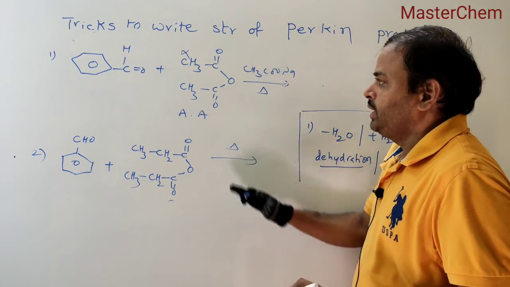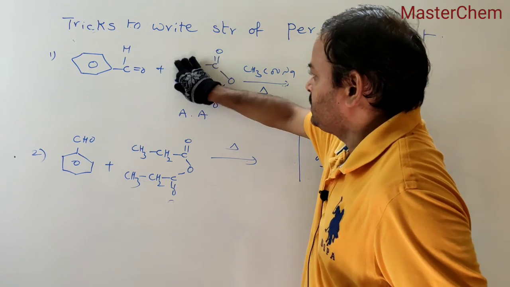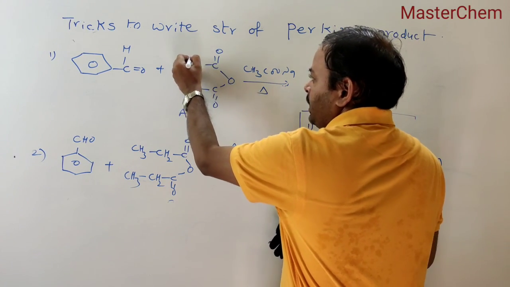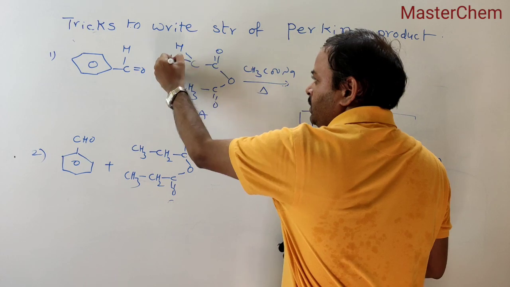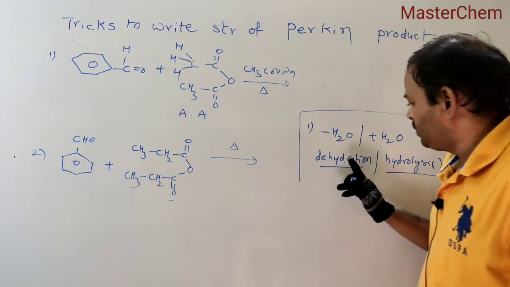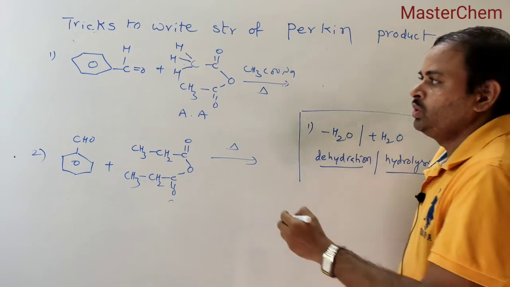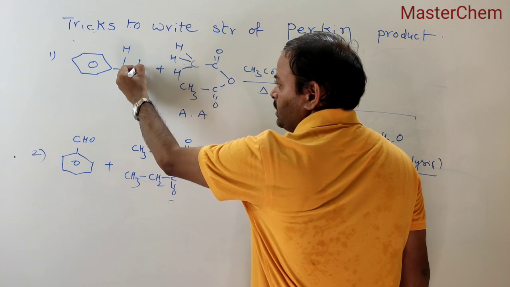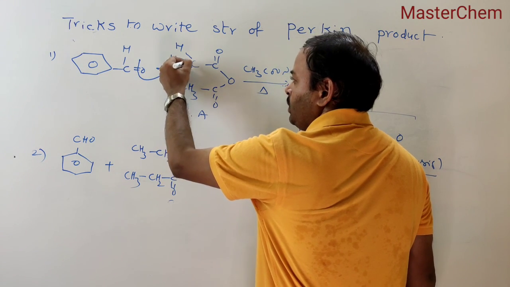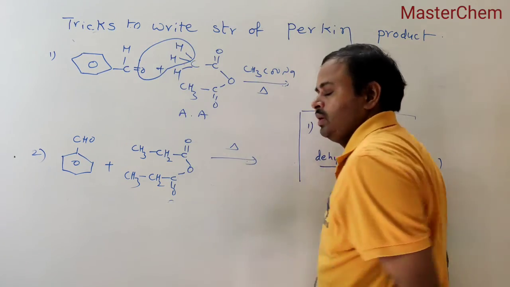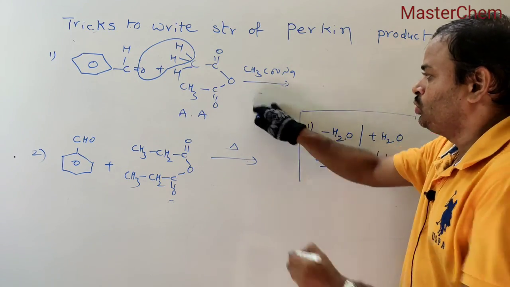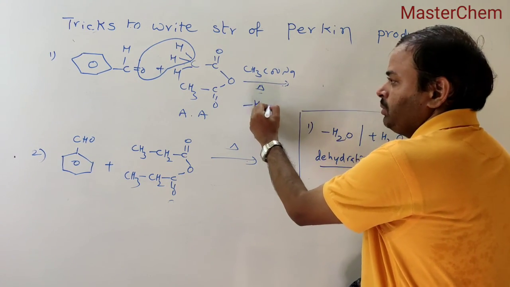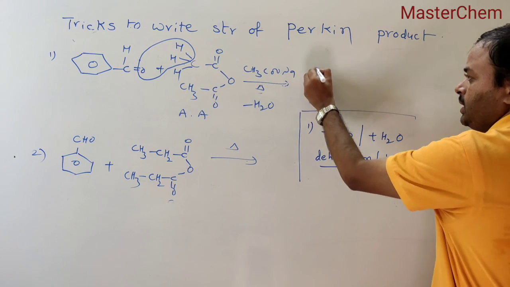What happens here? I am writing this CH3 as CH3. So what is our rule? Minus H2O, from this oxygen and from here 2 hydrogens. Eliminate minus H2O by heating. So what is the resultant product?